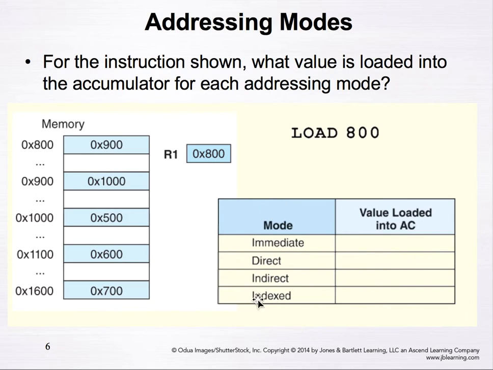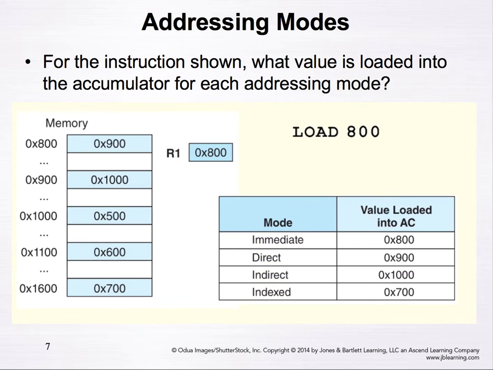Okay, so here is the table we want to fill in. We have the different modes: immediate, direct, indirect, and index mode. With this instruction, we wonder what value will be loaded into the accumulator AC based on the different kinds of addressing modes.